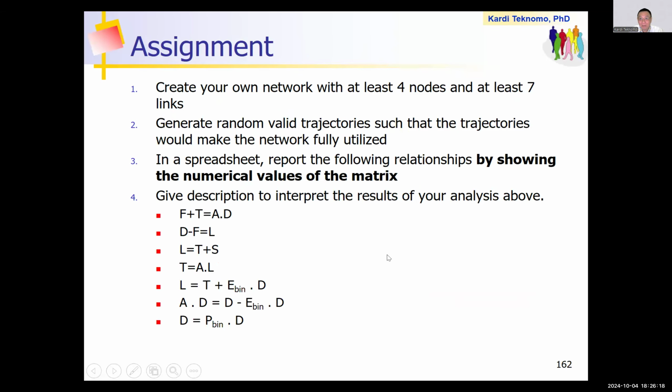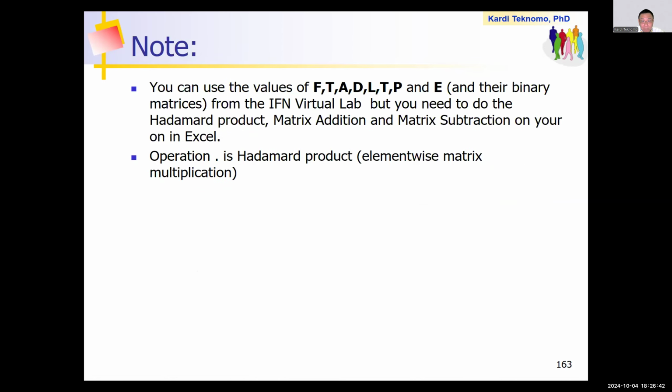You can create your own network with at least 4 nodes and maybe 7 links, create your own trajectories, and then compute in a spreadsheet to get these values. Then you can compare using the tools available. You can also use this in the virtual lab a while ago.